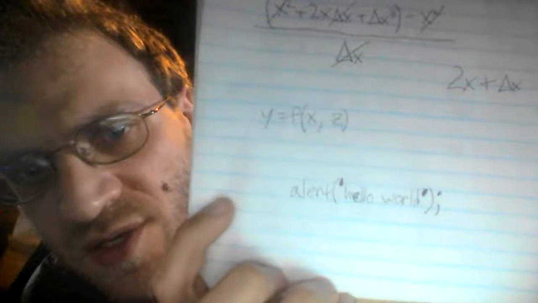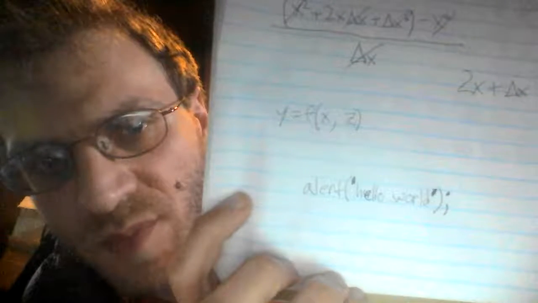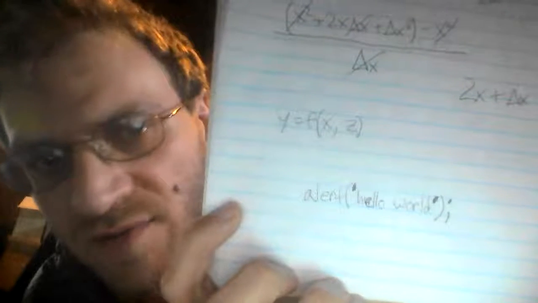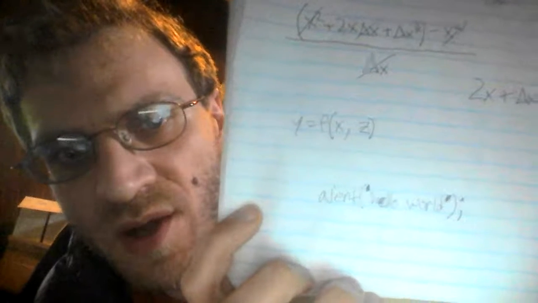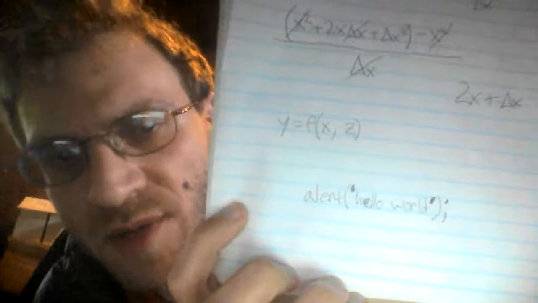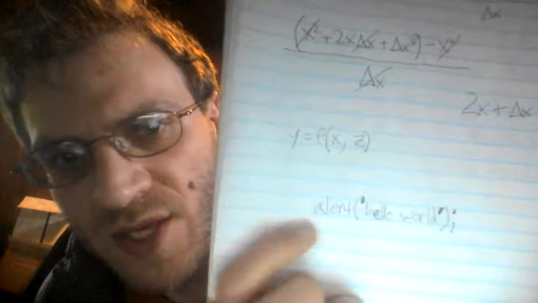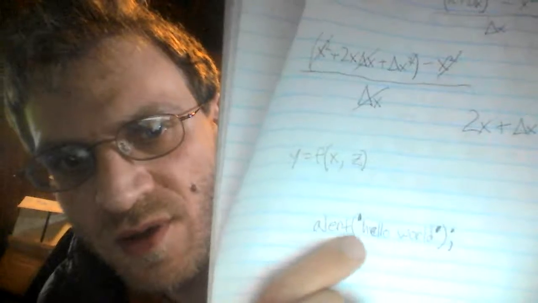This particular function can take a number, but in this case, it's taking a string, which I've put in single quotes. It doesn't matter quite as much in JavaScript whether you use single quotes or double quotes. I think it does matter that the alert built-in function is all lowercase, and the parentheses definitely matter because they're telling the computer this is a function, and these are the parameters to it, which is just one parameter, the string hello world.